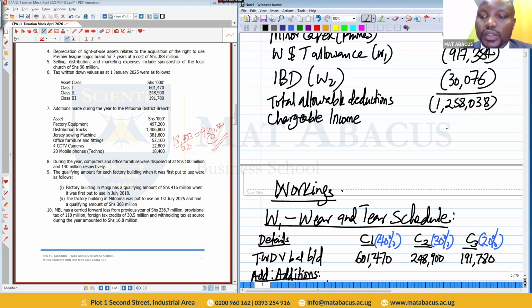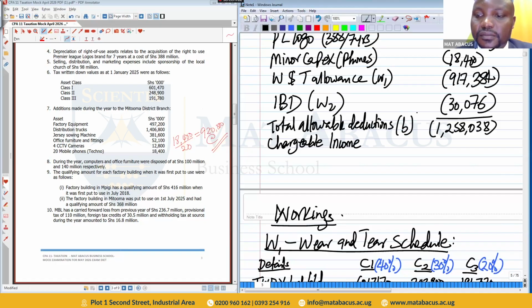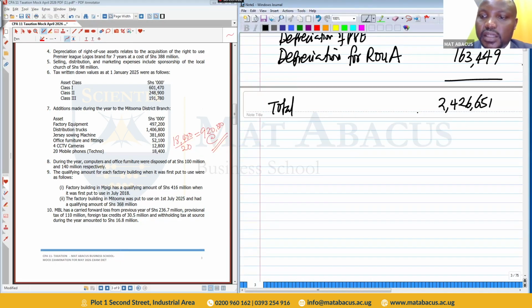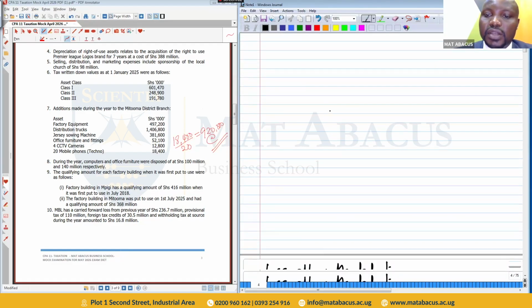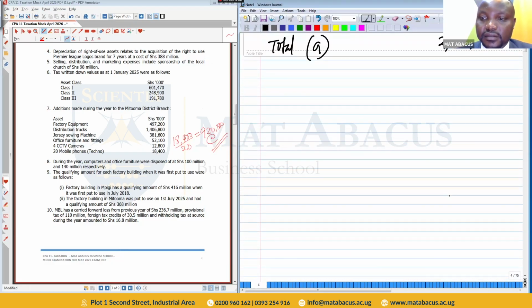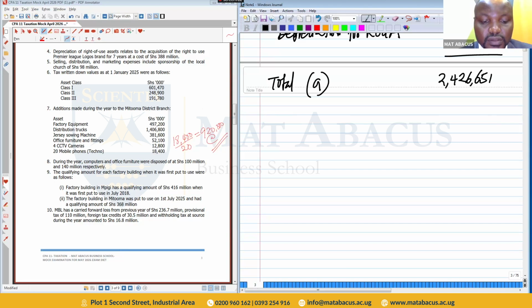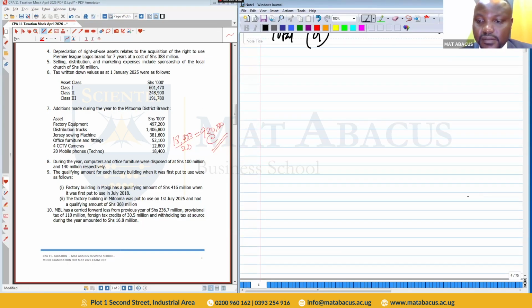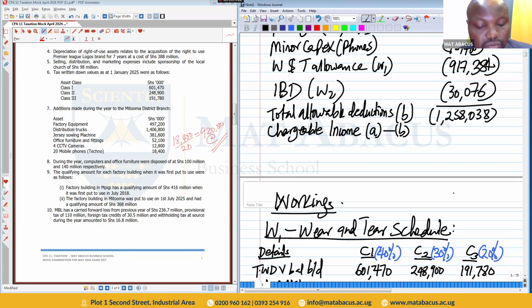So the chargeable income will be, if I call this one B and I call this A, it will be A minus B. So when I do that, I will get A, which is 2,426,651, the way it is there, minus this figure of B, which is 1,258,038, which will give me 1,168,613. That will be my chargeable income.